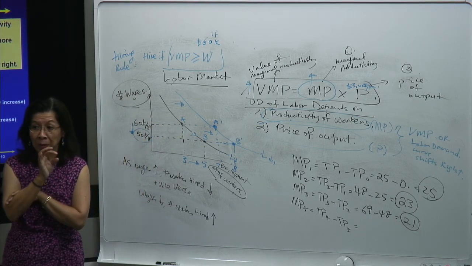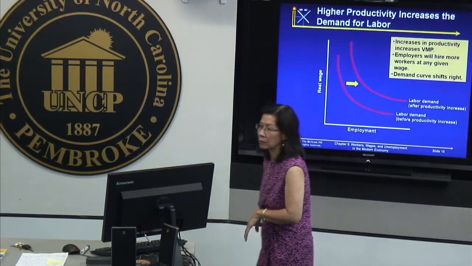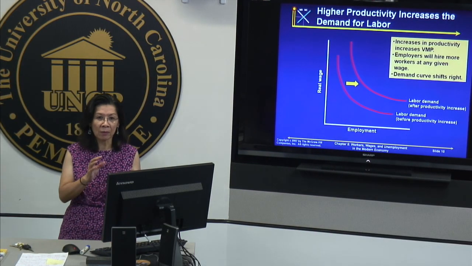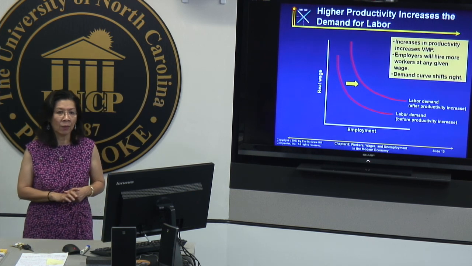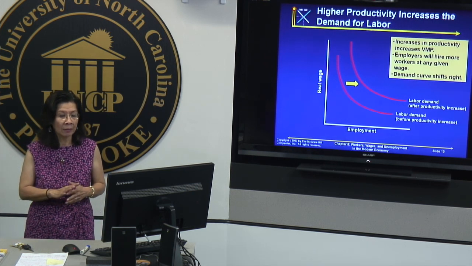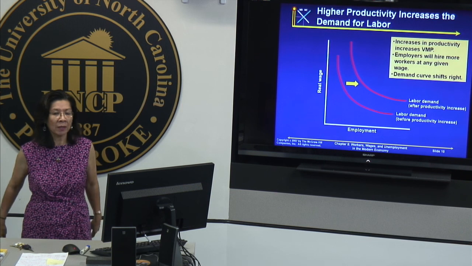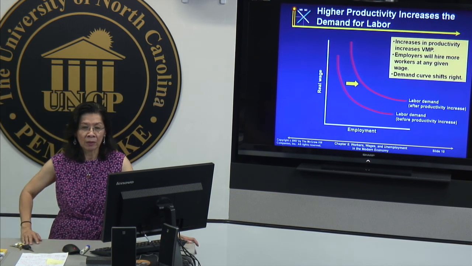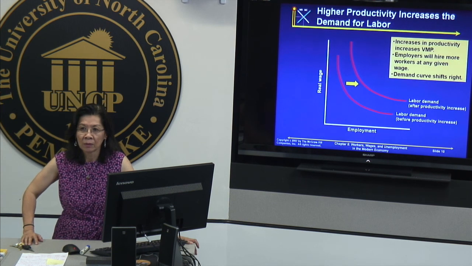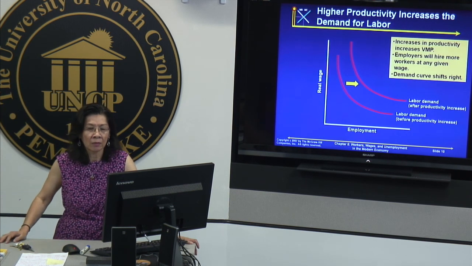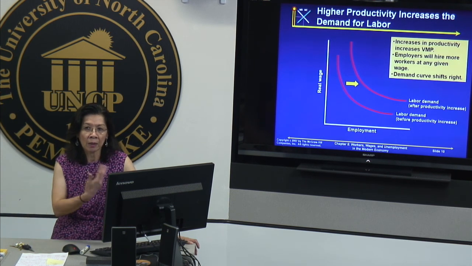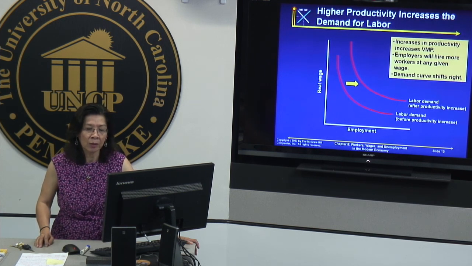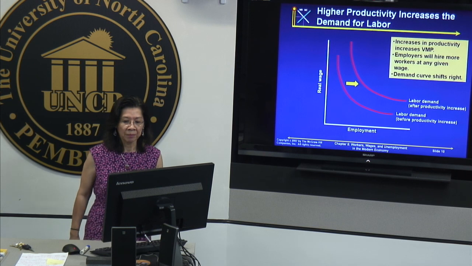Remember that was a very important distinction you have to make between movement along the demand curve and a shift in the demand curve. That was one of the fundamental concepts you have to be sure you understand from chapter 3. Now we are repeating that concept again, except in this case we are applying it to the labor market.